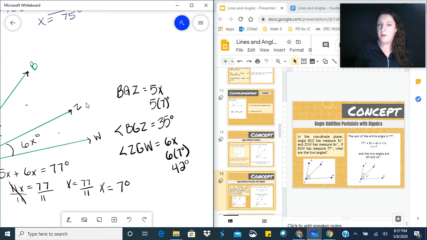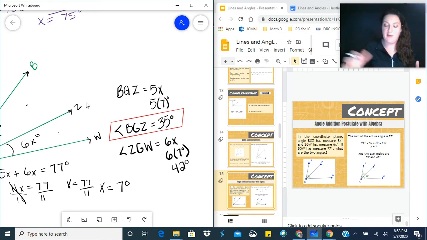So we just did all the math, right? But do we really have to solve both parts of the equation? No. So once you solved, writing a different color pen for you. Once you solved for 1, you could have taken that 35 and you could have said, well, we know that the total number of degrees was 77.